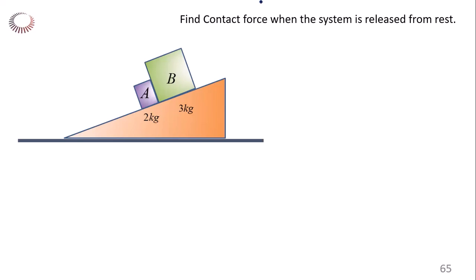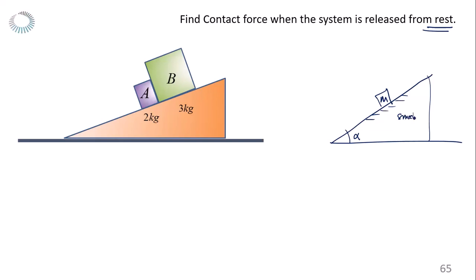Now find the contact force when the system is released from rest. You release the system from rest from point A and B. There are two particles of different masses, 2 kg and 3 kg. Whenever a body is resting on an inclined plane of inclination angle alpha, and the surface is smooth, remember that mg is acting downward, and mg has two components.